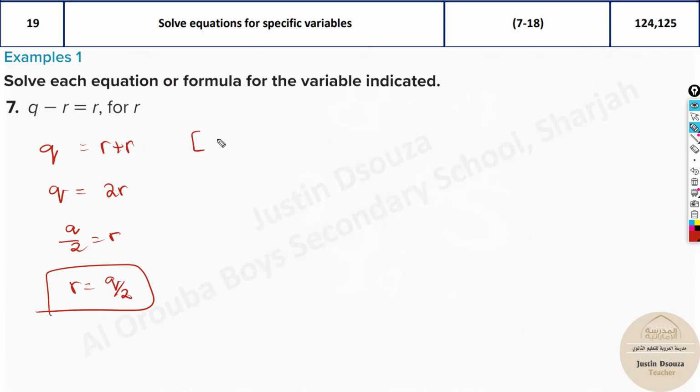Now, if you want more detail, what you can do is you can write over here, adding R to both sides of the equal sign. That's understood. So basically what happens over here is Q minus R plus R, this cancels, and over here you will have, then doing what? Just adding, addition property.